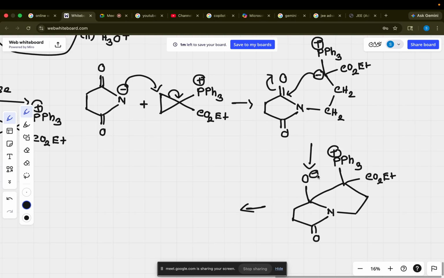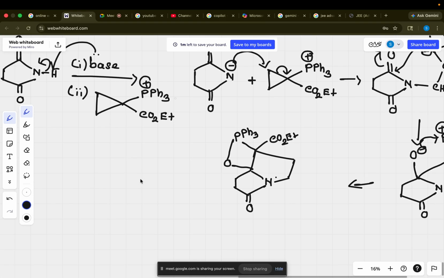If you have O minus and PPh3 plus, you know oxygen phosphorus bond is strong. So oxygen phosphorus bond will form, right? So here you have nitrogen, double bond O, here also 1 2 3 4 5. Here I have CO2Et, this side you have PPh3, and here you have oxygen, and they are making a bond.